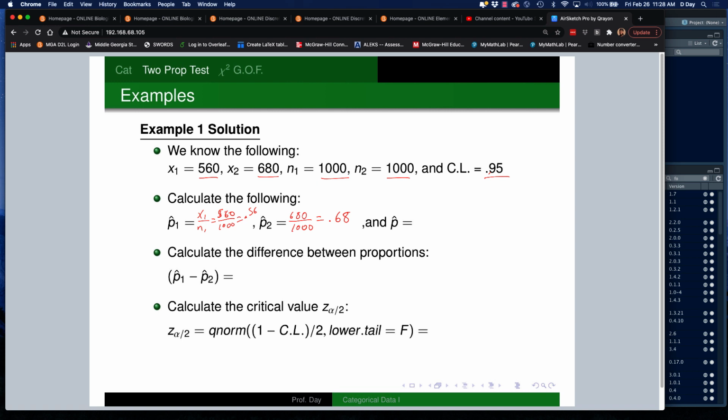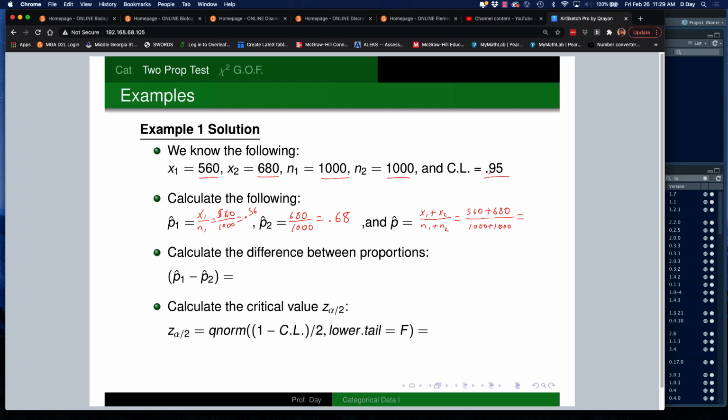And then we need the pooled P hat, which is X1 plus X2 over N1 plus N2. So we take our X1 560 plus 680 divided by 1000 plus 1000. Add the top first and then the bottom before you divide, for those of you who forgot your order of operations.